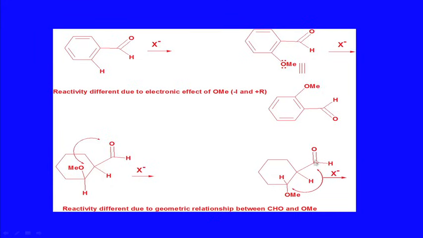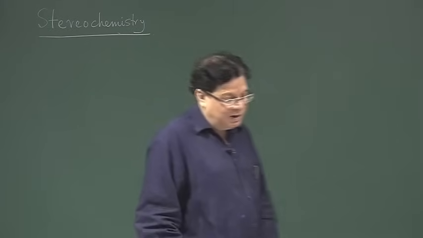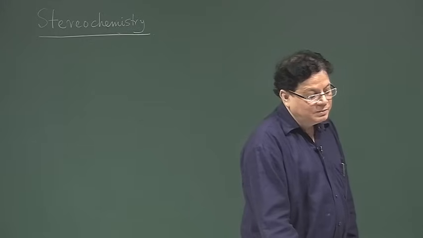So, the reactivity of this aldehyde now is dependent on the steric disposition, that means the 3-dimensional disposition of the methoxy group in space in relation to the aldehyde. So, that is a very simplified way of describing what is stereochemistry.